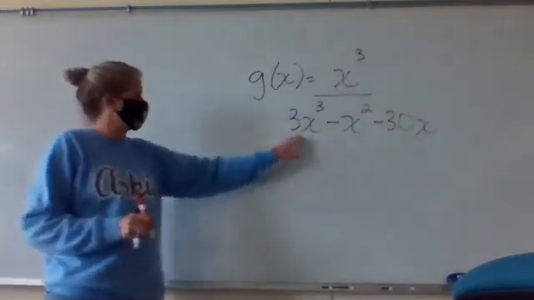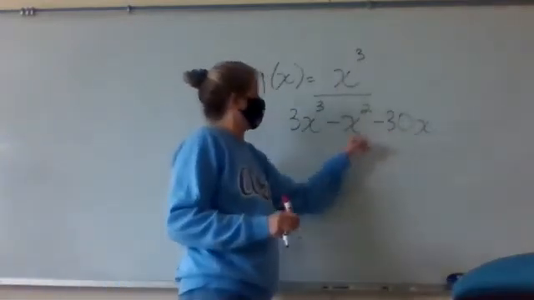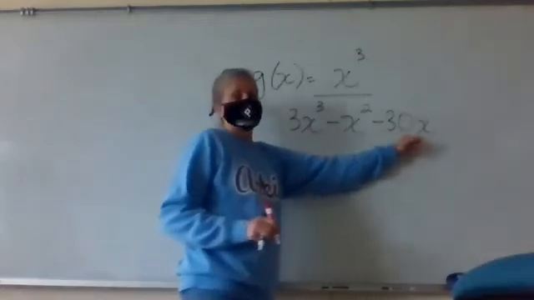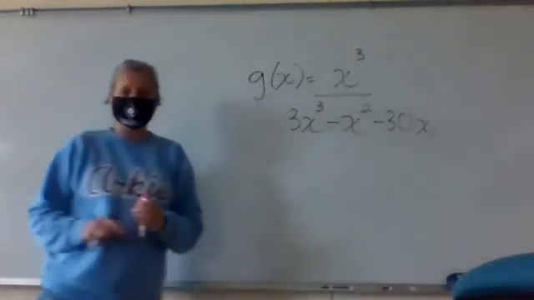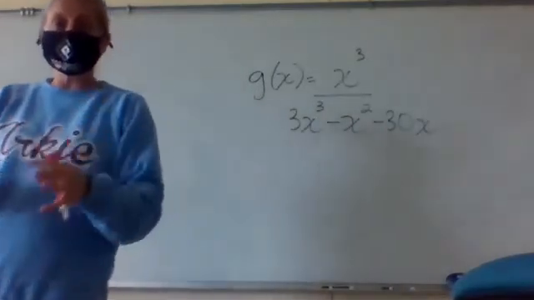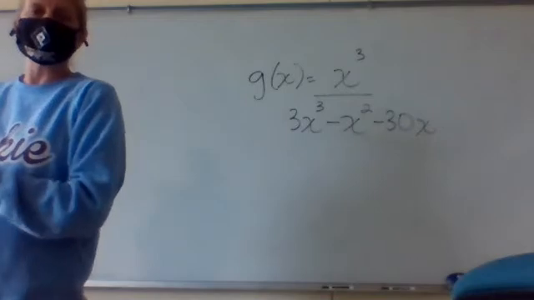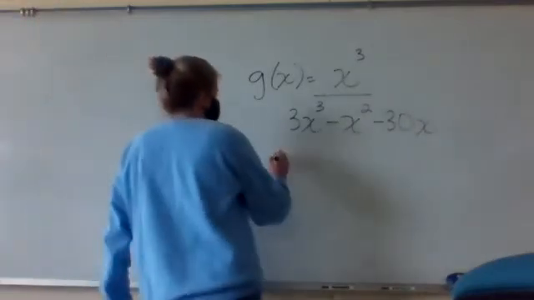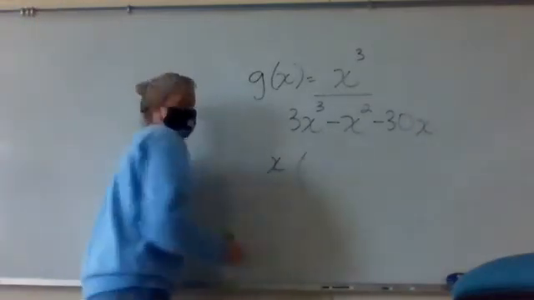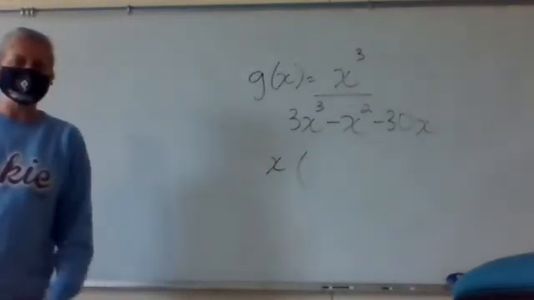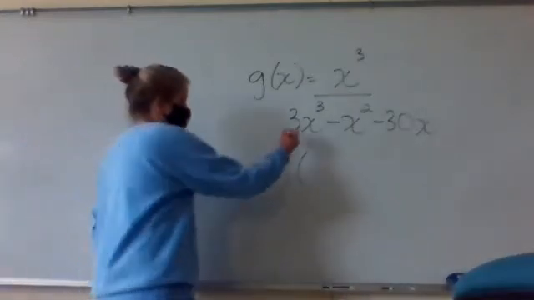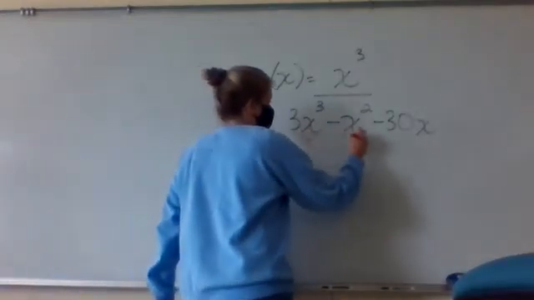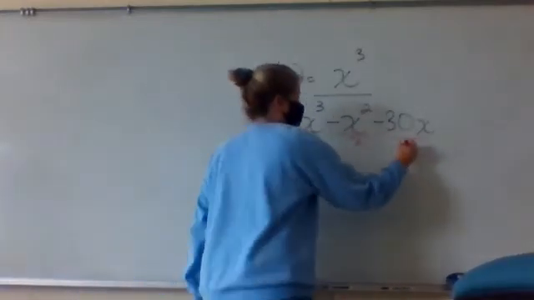But what do you notice about all 3 of these terms? What do they all have? They've all got an x, which means I can pull an x factor out of all of those. So if I pull the x out and put in parentheses what is left, so what am I doing? I'm dividing these all by x.